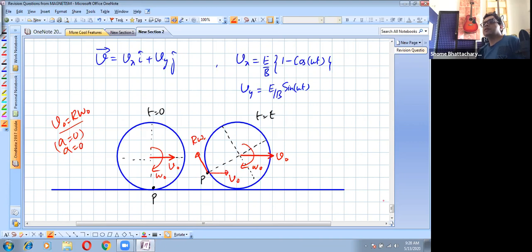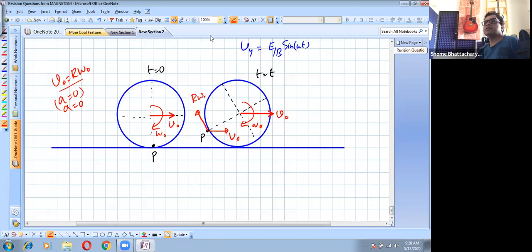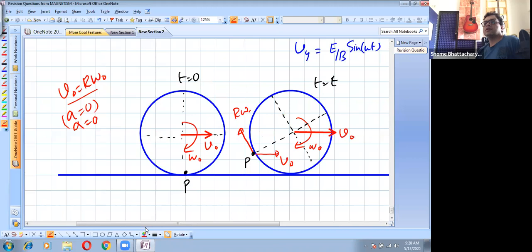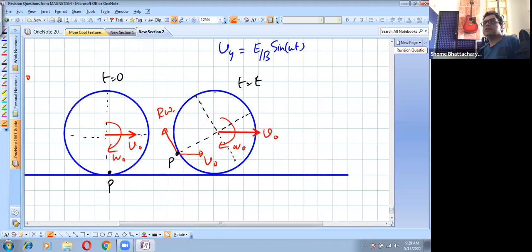Also, if you analyze carefully here, if this has gone through an angular displacement about the center of mass of theta, then that angle is the same as the angle theta that this r omega is making with respect to the horizontal. So in time t, that angular displacement is omega t. In this case, I'm writing it as omega naught t.